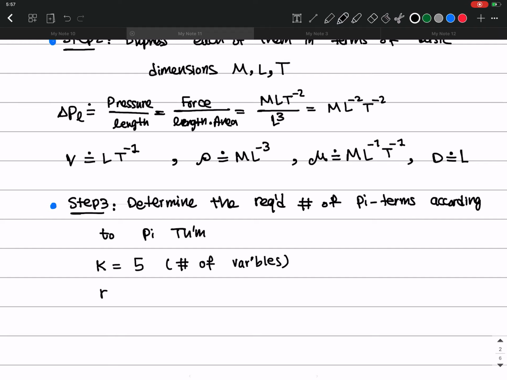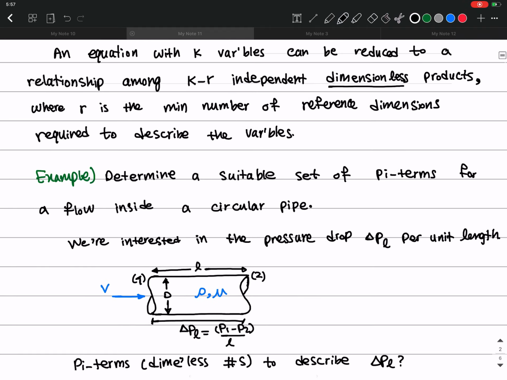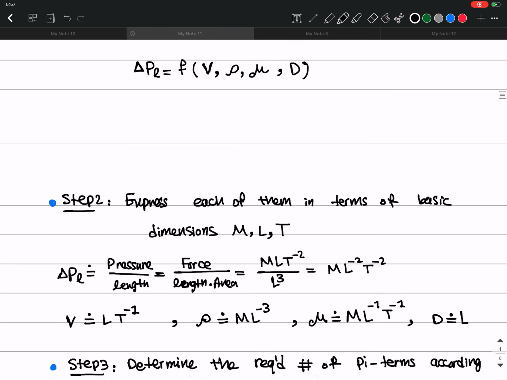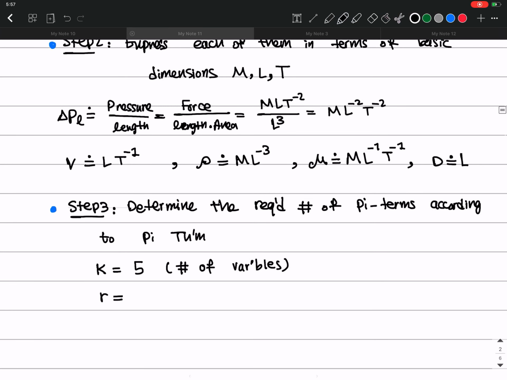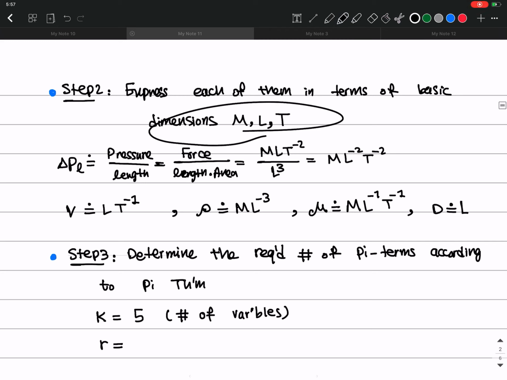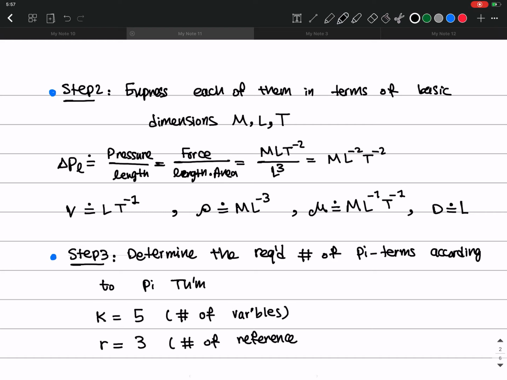And r is the minimum number of reference dimensions, which is what? Here we have it. It is 3, the number of reference dimensions, which is MLT.